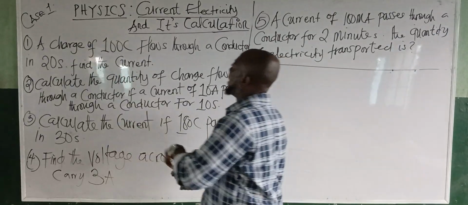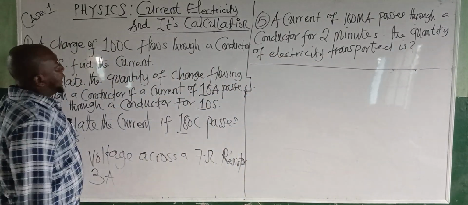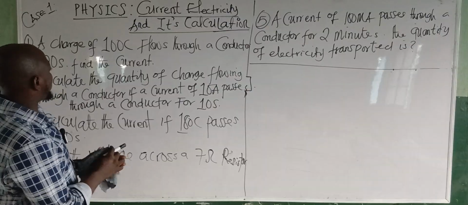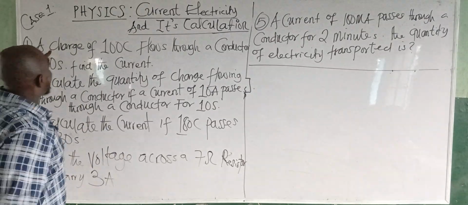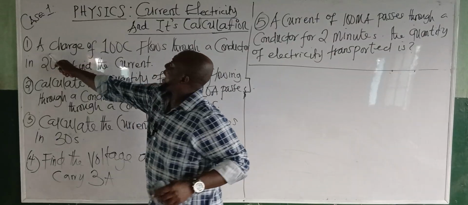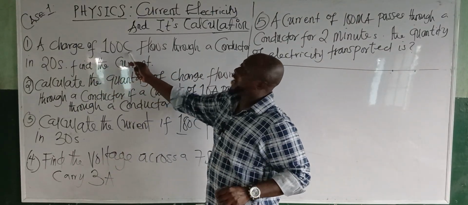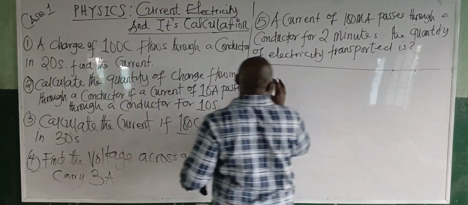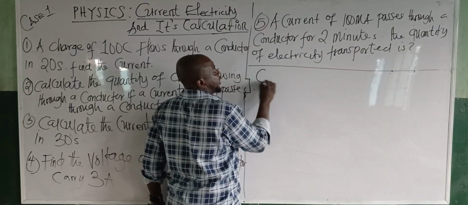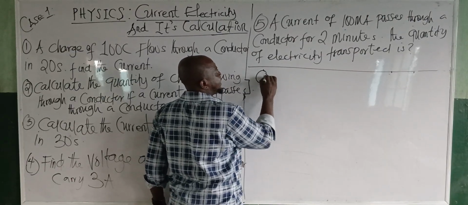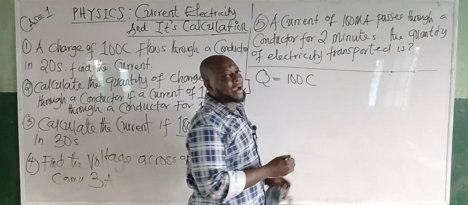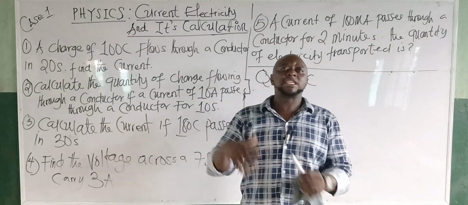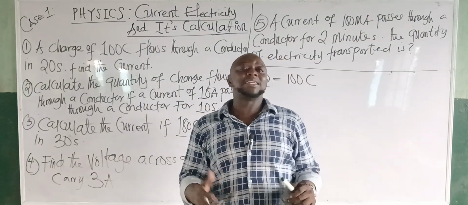So here, number 1, don't forget the both formulas we just brought out. We are told that a charge of 100 coulombs, so that means my Q has been given, a charge of 100 C, capital letter C. Remember I said Q is quantity of charge and it is represented in coulombs.